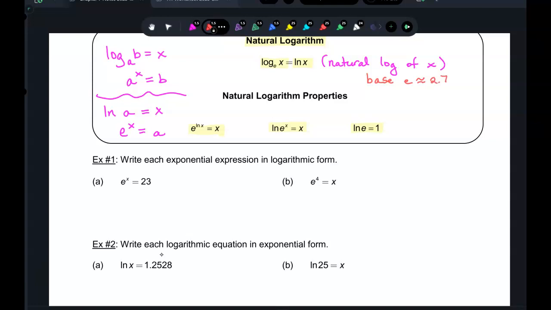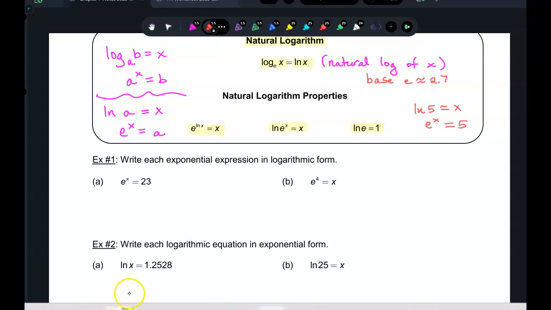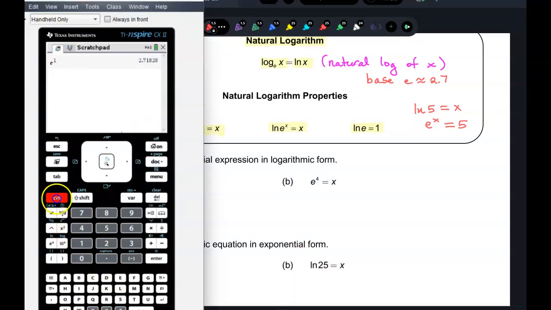So what would be natural log of 5? Imagine natural log of 5 is equal to x. What does that mean? It means e to what power would give us 5? If e is about 2.7, could we figure it out?